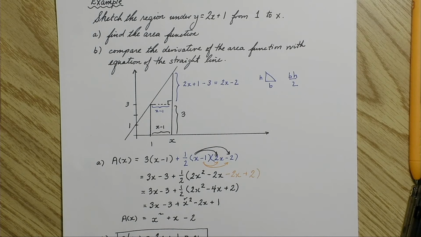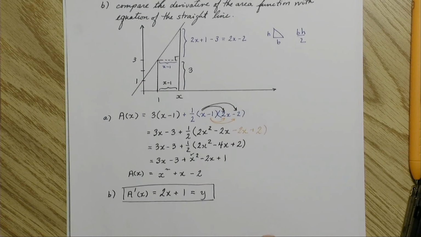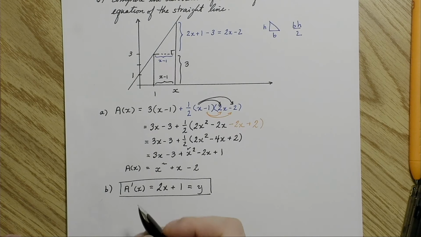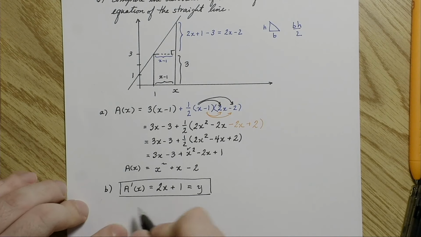So it turned out that the derivative of the area function was the same as the original curve. So maybe I'll write that out. Let's see.